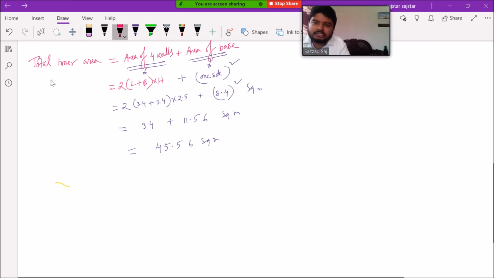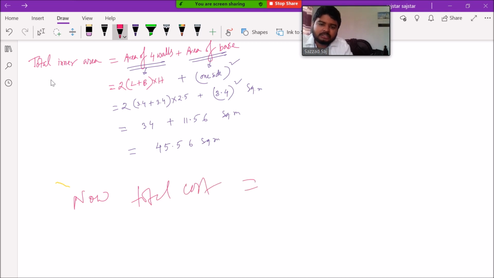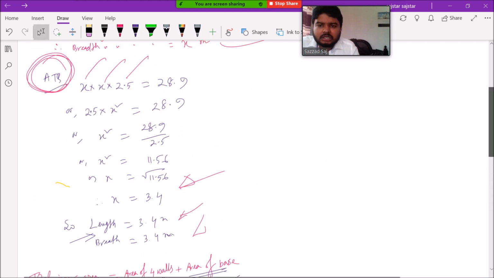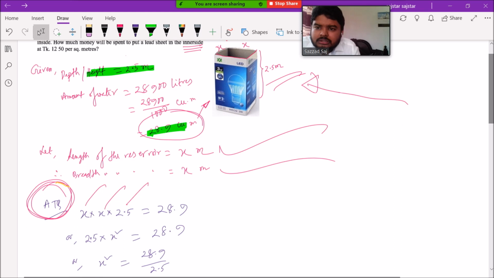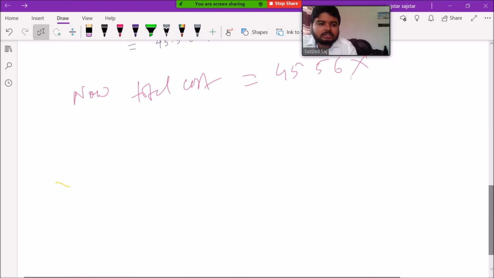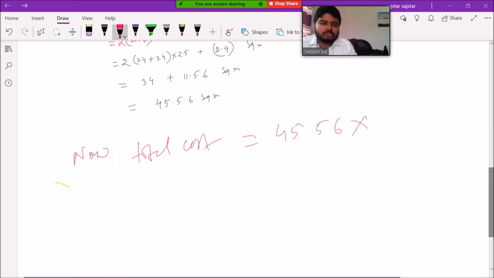You can write the total cost will be 45.56 into, what was the cost here? The cost was 12.50 taka. So just multiply by 12.50 taka. By calculating, that will be the answer.